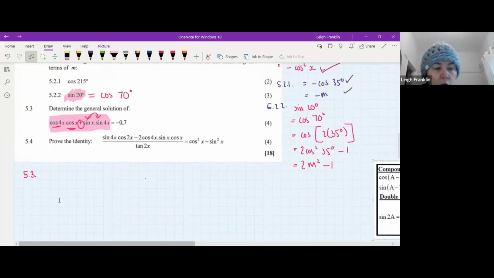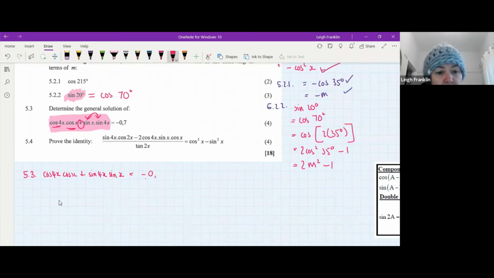We are going to rewrite this as cos 4x cos x plus sine 4x sine x equals negative 0,7. Now we're going to do the reversal of the expansion.